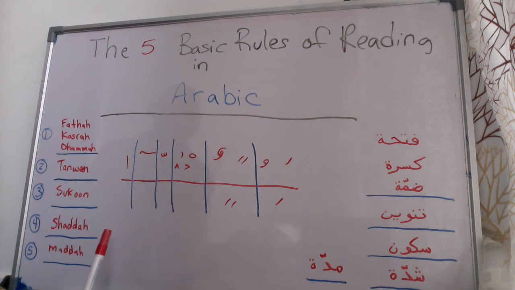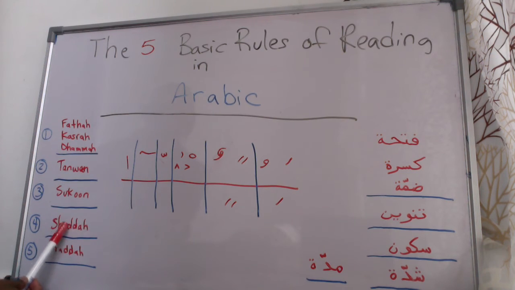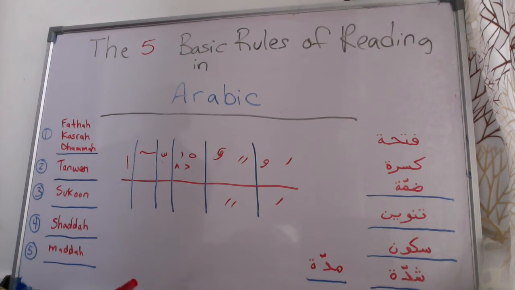In English we have double letters written together, such as happy, but we never pronounce both letters. We only pronounce one. Whereas in Arabic, if you see this Shaddah, it's not written as a double letter, but it's pronounced as a double letter.